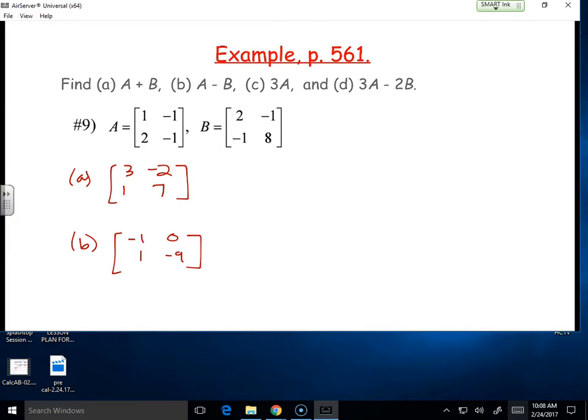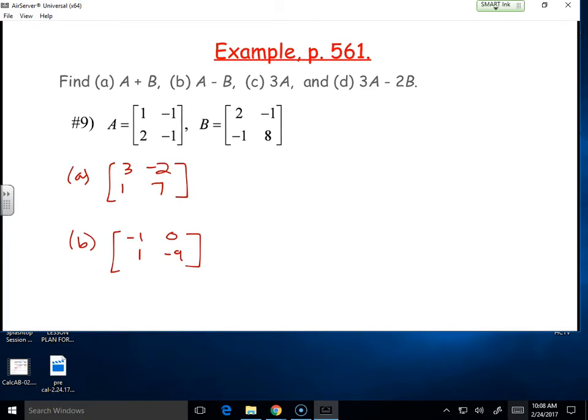Sound good? Oh, 3, negative 9. Letter c. What'd you get? 3, negative 3, 6, negative 3. Yeah. Letter d. Did you guys get it right? Did your calculator prove it to you? Negative 1, negative 1, 8, negative 19. Yeah.